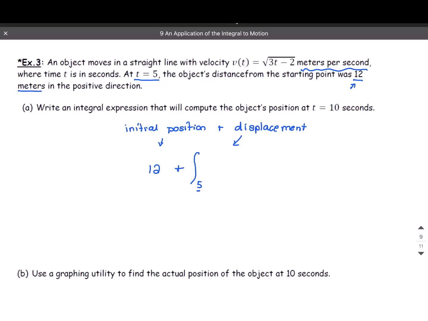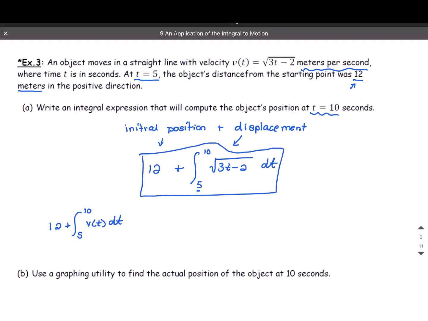That's why this is here, okay? And since we want to go up to time 10, that's our upper limit, and our velocity function is the square root of 3t minus 2 dt. And yes, it's okay if you write 12 plus the integral from 5 to 10 of v of t dt. Okay, they are both fine, either way. Okay, so that's our answer for part A.